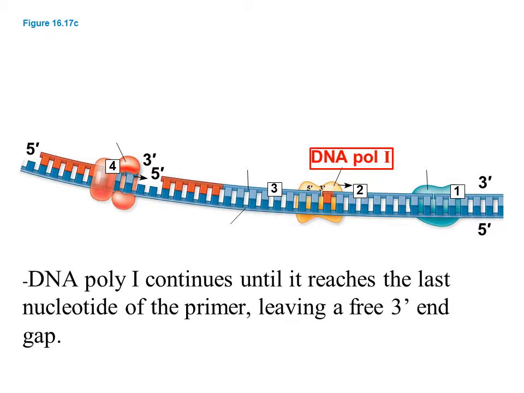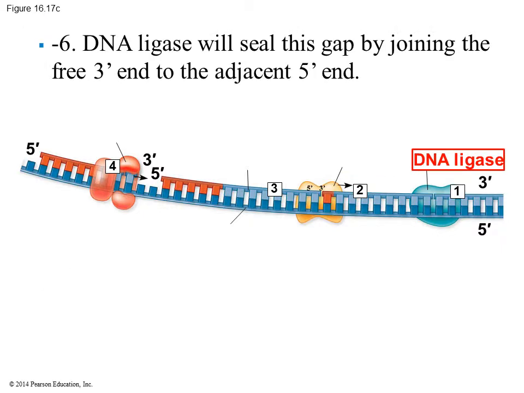Then it will leave a free hanging 3' end gap. Another enzyme called DNA ligase will come in and seal the gap by joining the 3' end to the adjacent 5' end.